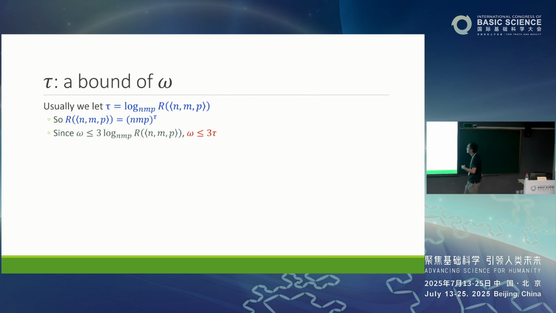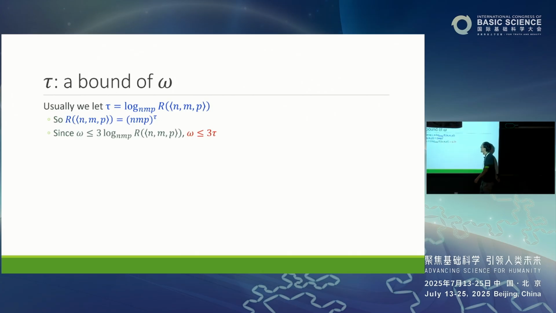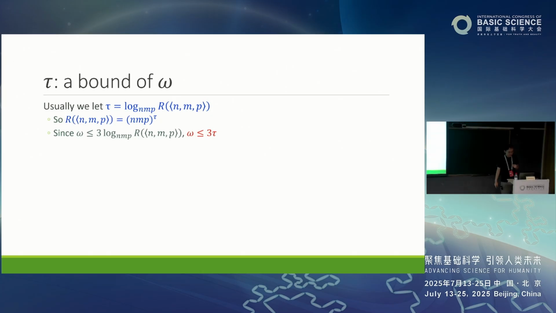This can also be written as R(NMP) equals (NMP) to the tau, where tau is a bound on omega, in fact on omega over 3.